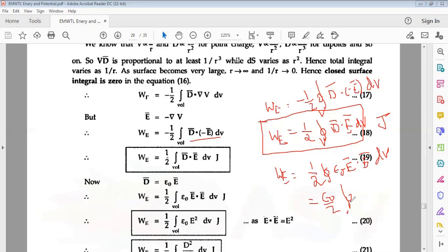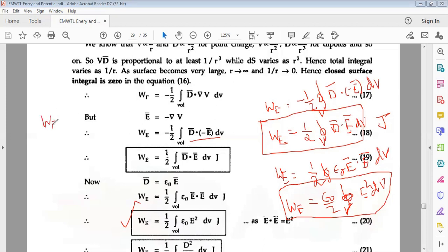So epsilon naught by 2 the volume integral, epsilon naught being a constant, E square. This is the energy stored in terms of E only. W is equal to 1 by 2 the volume integral epsilon naught E square dV joules.